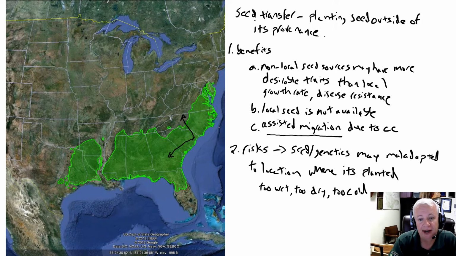An additional problem with trees is that trees are long-lived. And it may be that you transfer seed, plant seedlings, and they're fine for a decade. They're growing well. They appear to be well adapted to that new location outside their native provenance. But then a decade scale drought happens that they are maladapted to, and that kills all those trees.